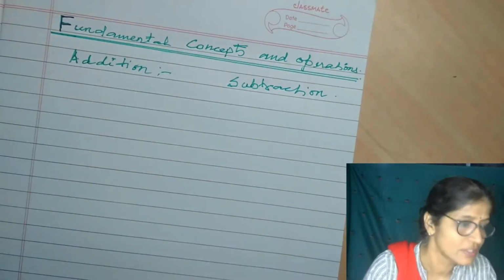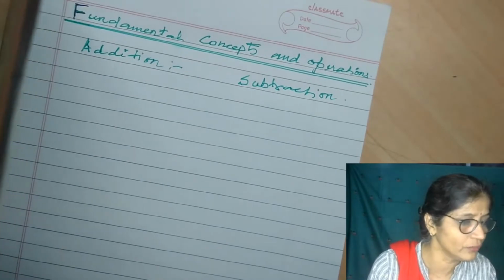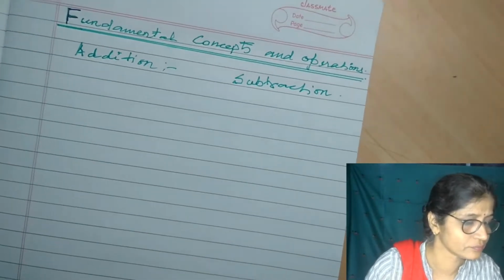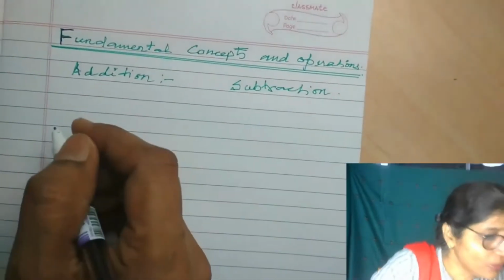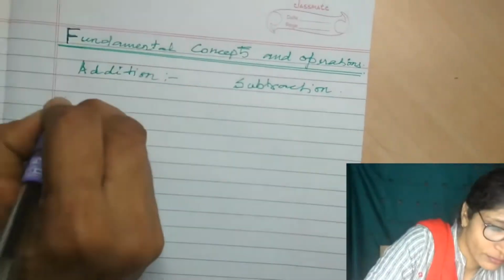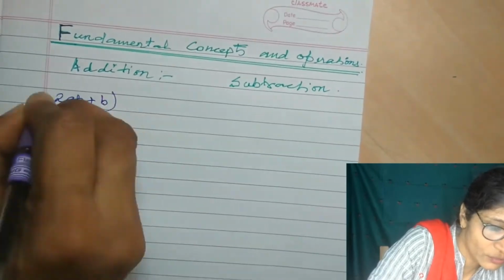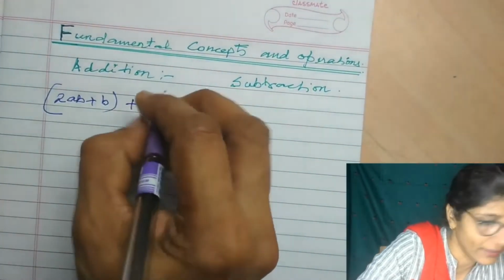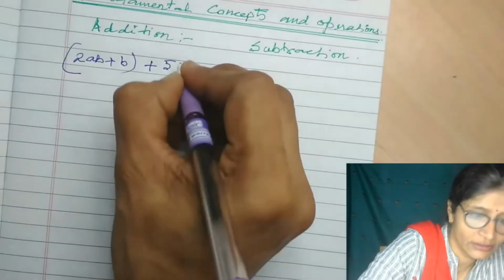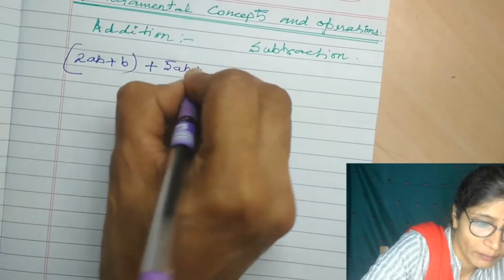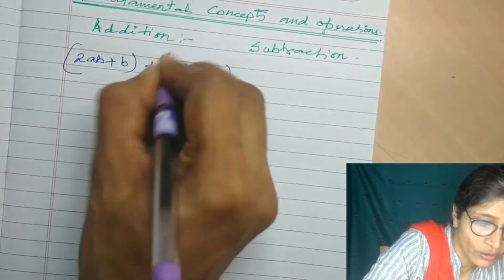For example, suppose I am writing a sum for you, addition. You have to add 2ab plus b. This is one expression, and you have to add another expression, that is 5ab plus 7b. So what will you do?